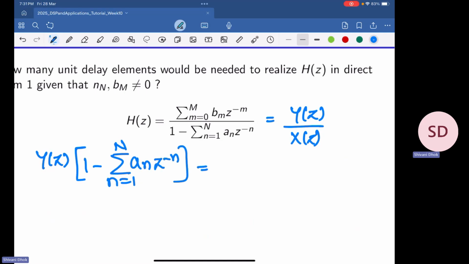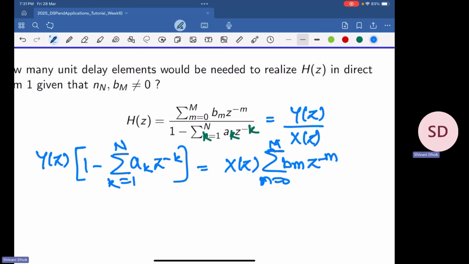I'll just use k instead of n, so k, which is equal to X of z multiplied by summation m running from 0 to M, b_m z to the power minus m.